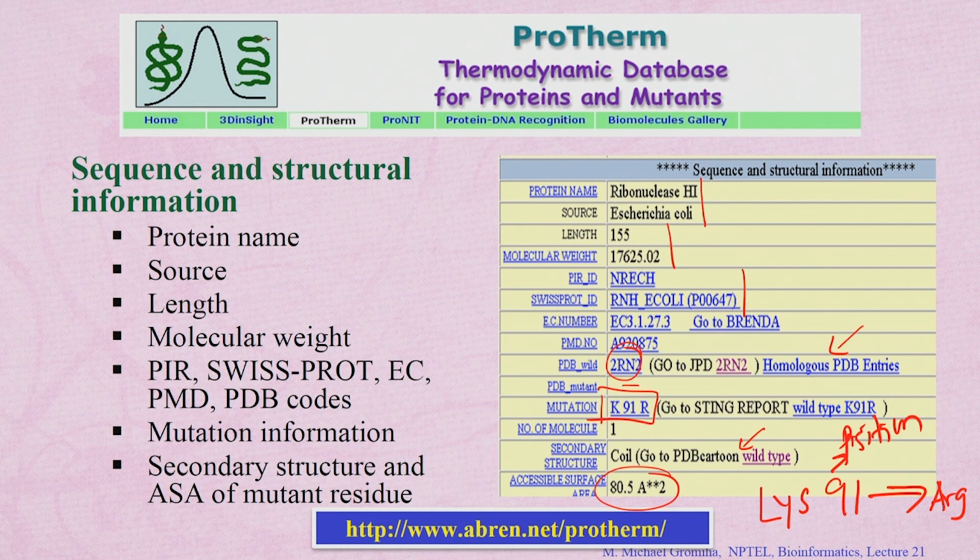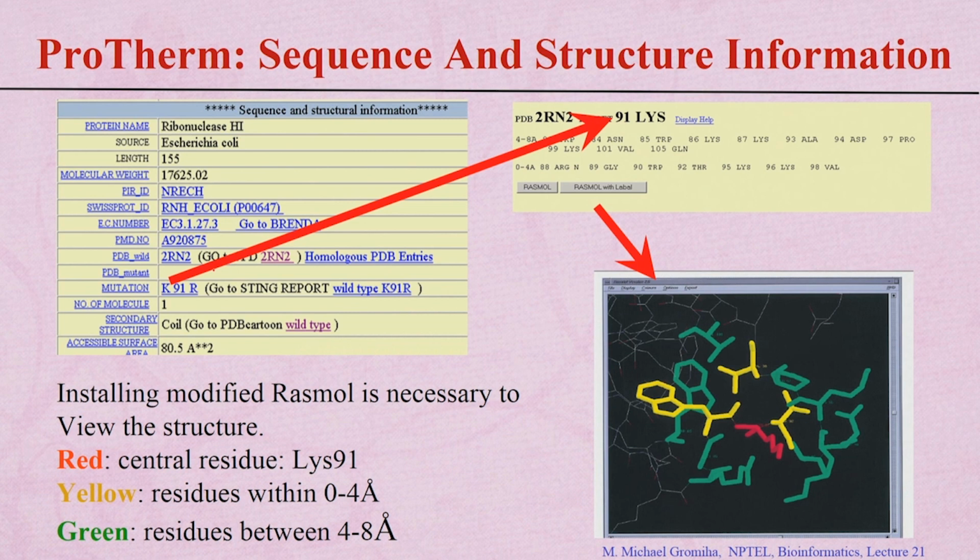So, if you have a particular mutation, we give all the information regarding the protein and the mutants. Then we give the link for K91R, and we display the mutation. You can see lysine 91, K91, and see the residues occurring near this particular mutant.